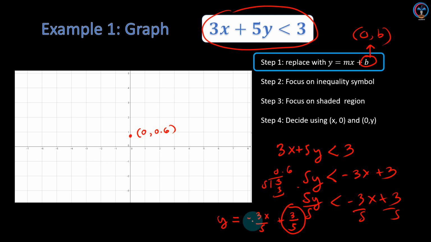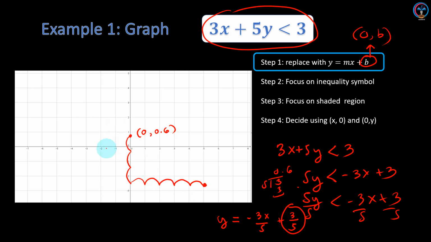So we go down 3: 1, 2, 3. And forward 5: 1, 2, 3, 4, 5. This is rise over run, and since it is a negative, we go down.